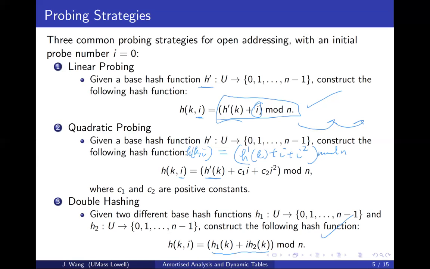Looking at this one, when i is 0 it's just h1, and this is 1 plus i. It doesn't have a k in it, but maybe you replace this with a different hash function. Okay, so these are probing mechanisms.